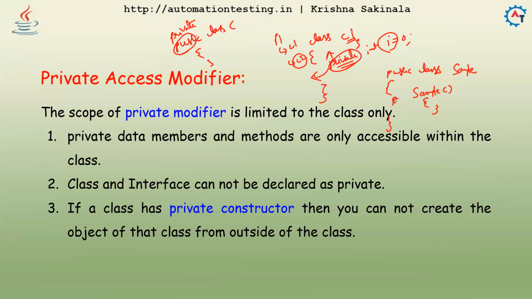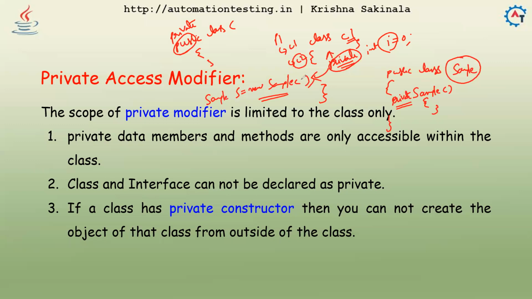If you make this constructor private, then you cannot create an object for this class. We have seen that otherwise you can create an object and access default things. But if the class has a private constructor, you cannot create an object: Sample s = new Sample() is not possible.